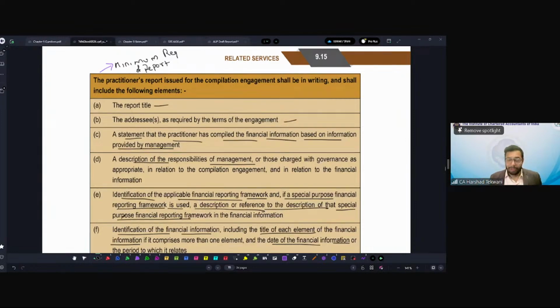Now that expert withdrew from his engagement. He decided to resign, and he said to management, okay, I'll not prepare, you prepare because you have not given me data. In that case, have you seen anywhere that the management expert reports to the auditor that I'm withdrawing from my engagement? Here, the only difference is the management expert is a chartered accountant and a member of the institute.